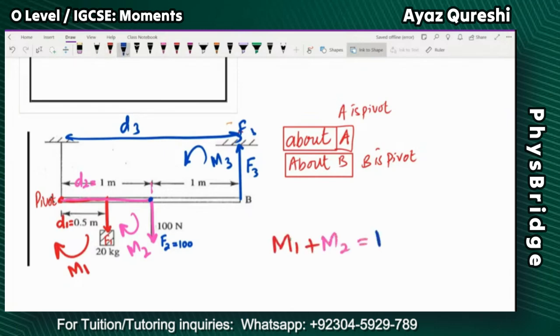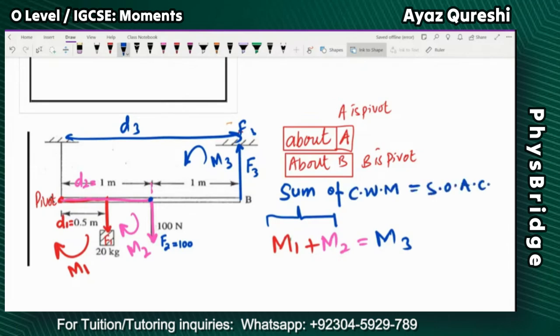Am I right? So I am saying that the sum of clockwise moments equals the sum of anti-clockwise moments. Because there is only one, there is no need to sum here, but you can sum if there are more than one.